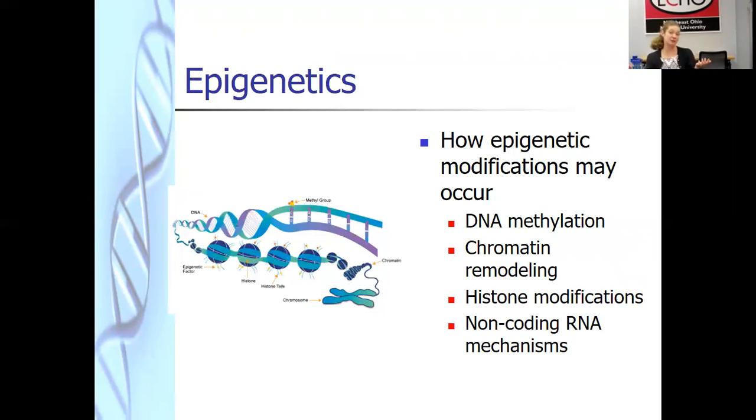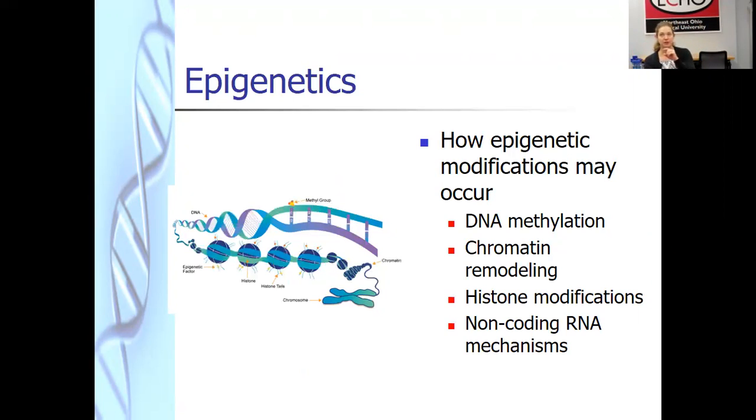So essentially that would turn that gene off. In other cases, the methylation may make it more likely that those proteins can come on and pull the DNA apart so that we can transcribe it into mRNA, so it would turn them on. So depending on where they are, it could do either one.